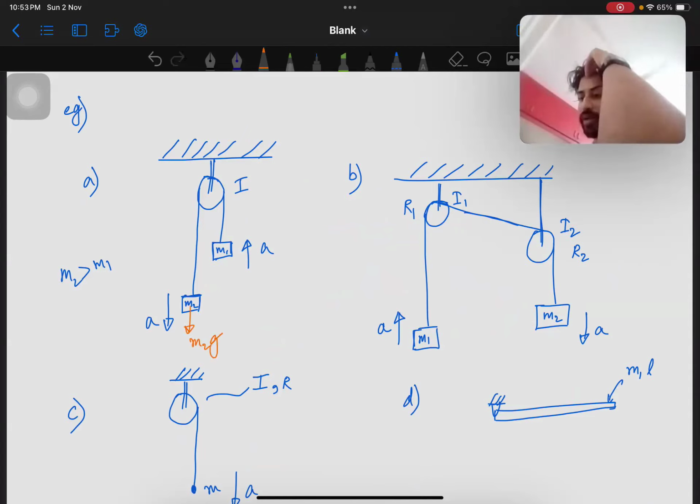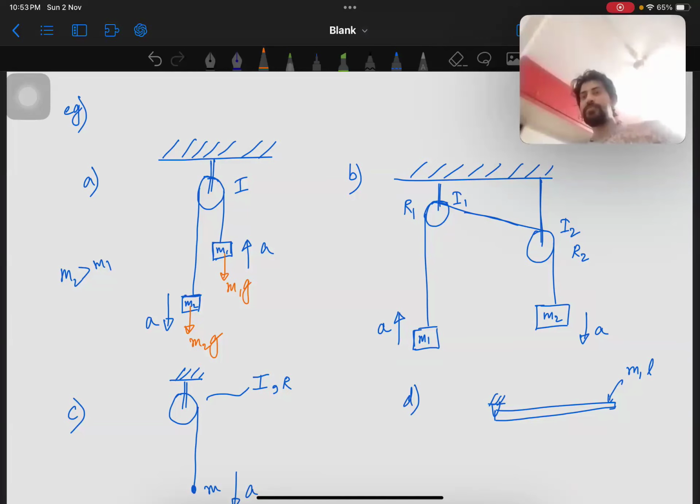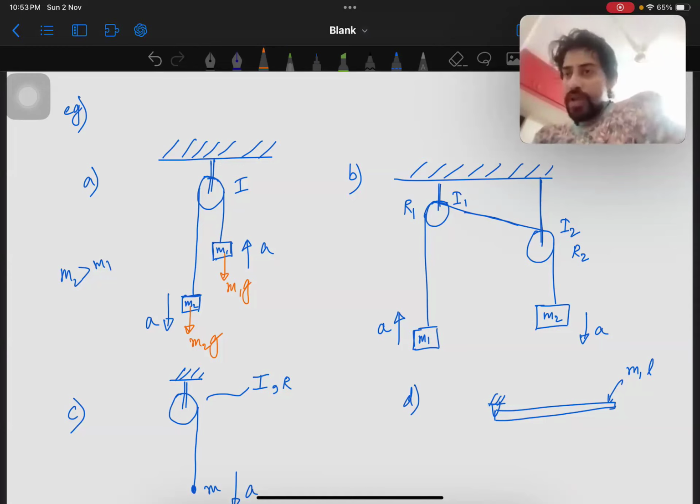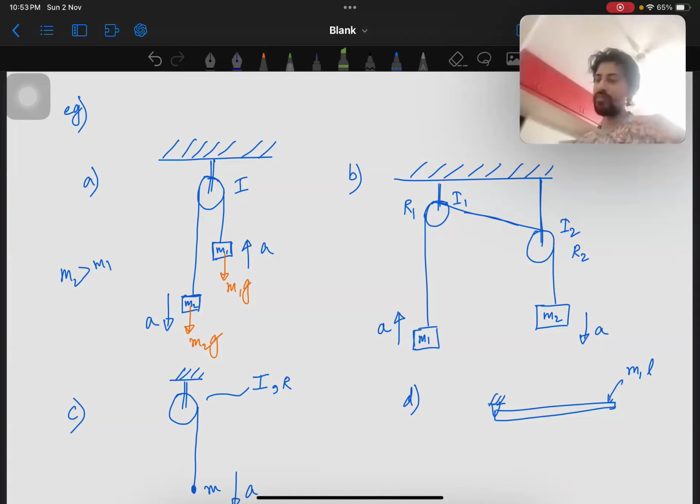The weight, right? These two forces, M2g and M1g, are actually opposing forces. So the net pulling force is the difference between M2g and M1g.